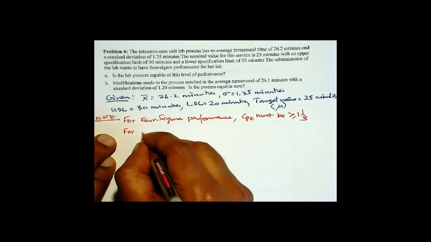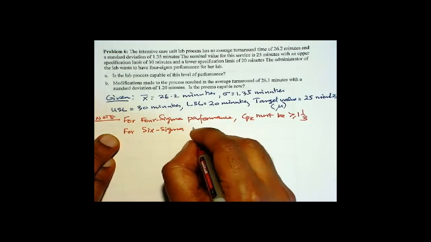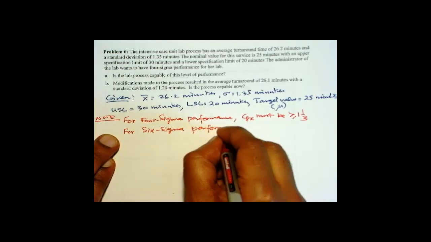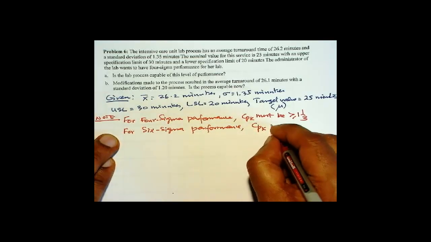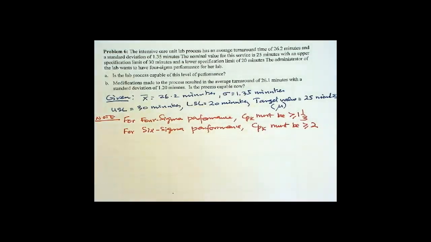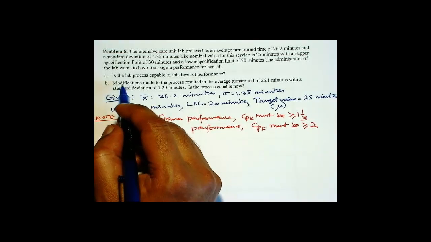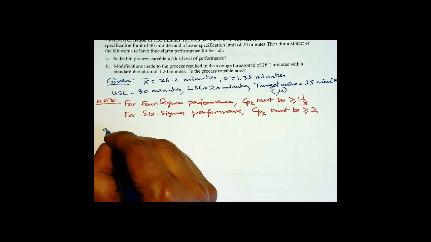For superior performance, that will be like 6 sigma operations or 6 sigma performance, C sub pk must be greater than or equal to 2. So let's consider whether the lab process is capable or not.